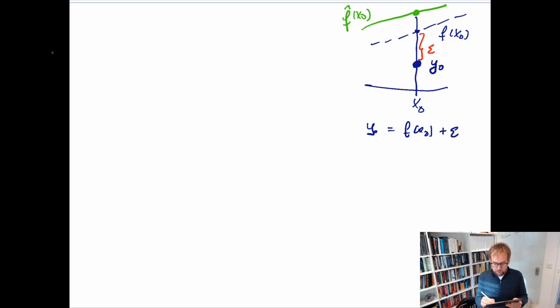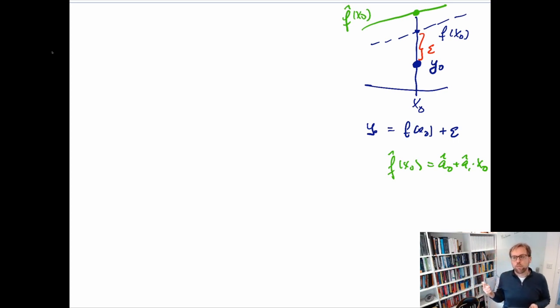So f hat of x0 would be, say, our predicted intercept plus some predicted slope times x0 in the case of a linear regression. So here we have all the points: y0, the sample point; f of x0, the true point, the difference being the error epsilon; and then our predicted value f hat.